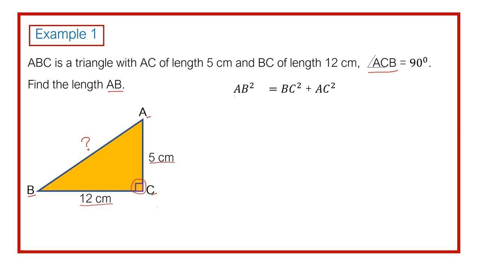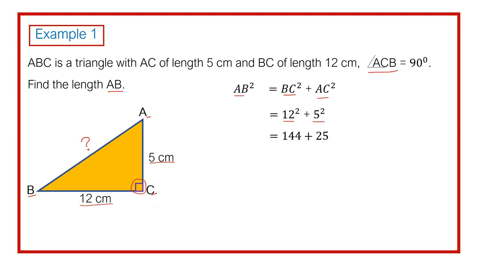So we say AB squared equals BC squared plus AC squared. And then BC is 12, so we say 12 squared. AC is 5, so we say 5 squared.